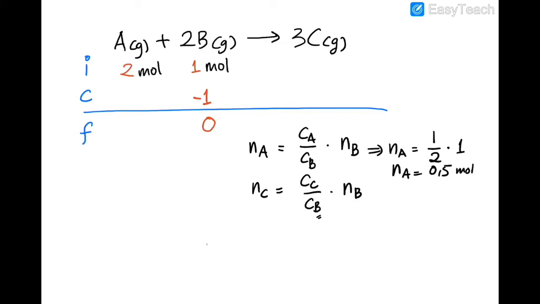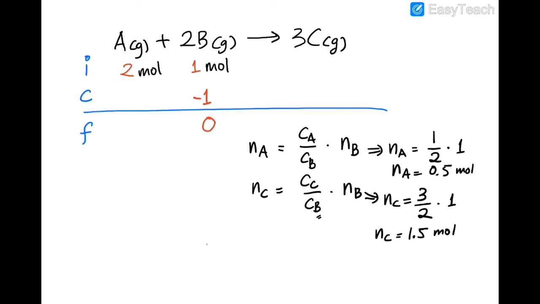All right. While for C, it's going to be the coefficient of C, which is 3, divided by 2, multiplied by the mole of B, which is 1, and we're going to get 1.5 mole.